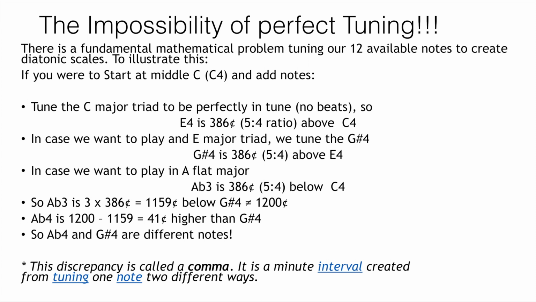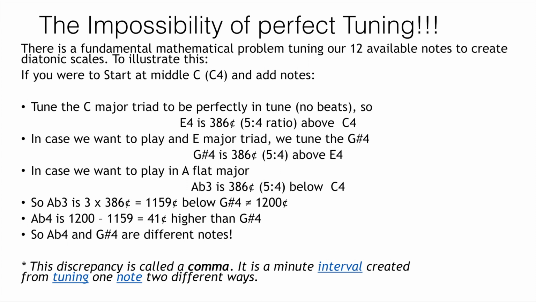So E to G sharp would be 386 cents. What if we also wanted to be able to play an A flat major, so we could tune our A flat, 3 below the C4, to be 386 cents below? But then the low A flat is not 1200 cents, or an octave, below the G sharp.